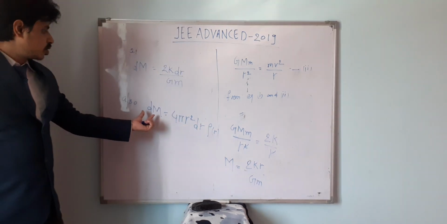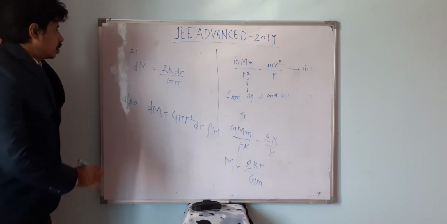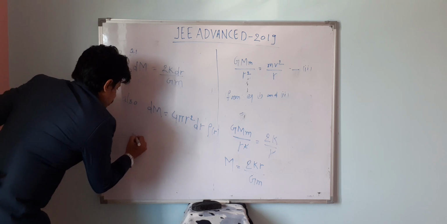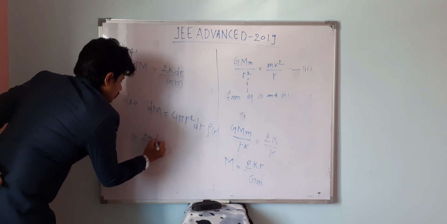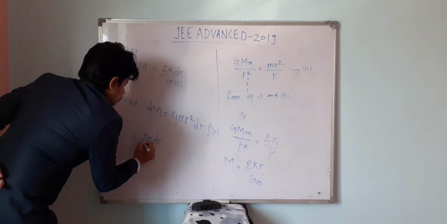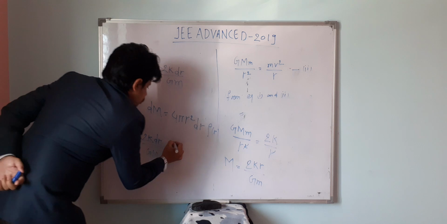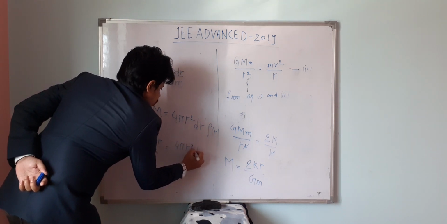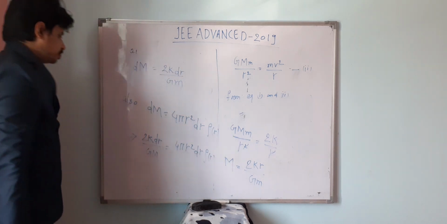So we can also write the differential mass like this. From these two we can write that 2K dr upon G m is equal to 4 pi r square dr into rho.